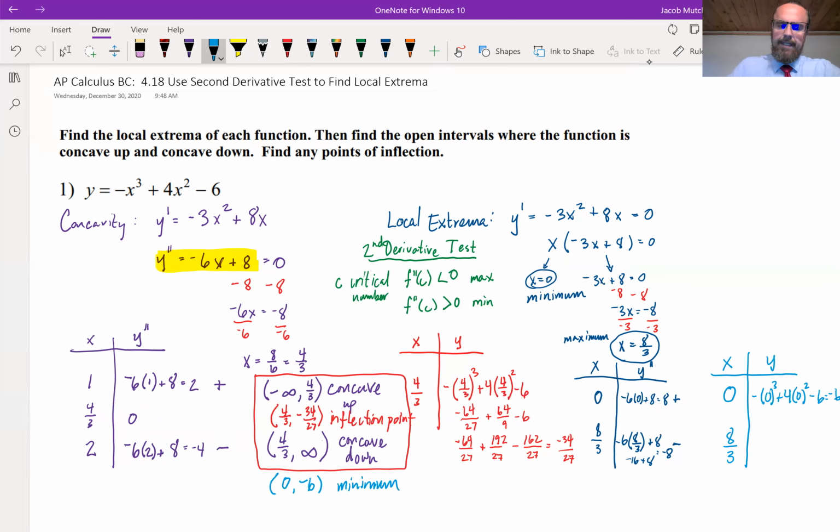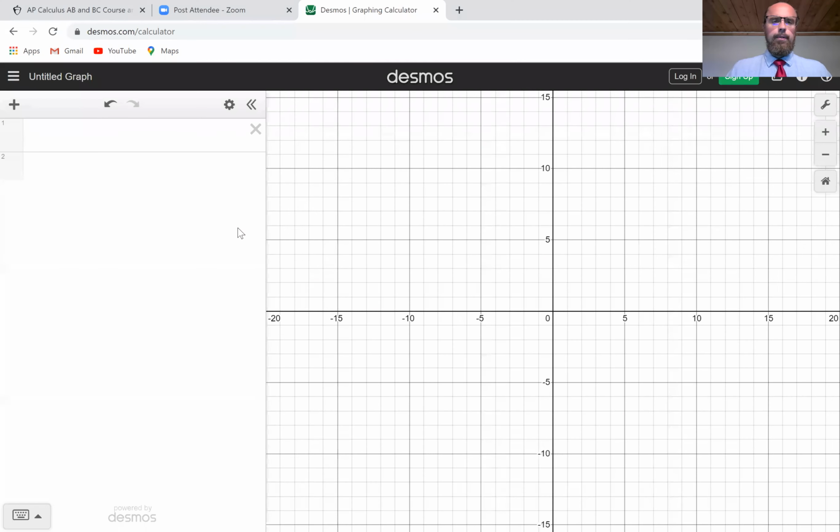And if I plug in 8 over 3, negative 8/3 cubed plus 4 times 8 over 3 minus 6. So again, I want to evaluate that, and that's a good one to take to the calculator. So we'll jump over to Desmos really quickly and plug that one in.